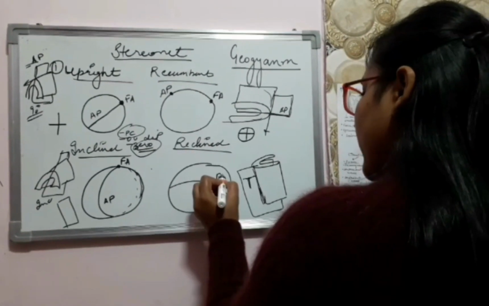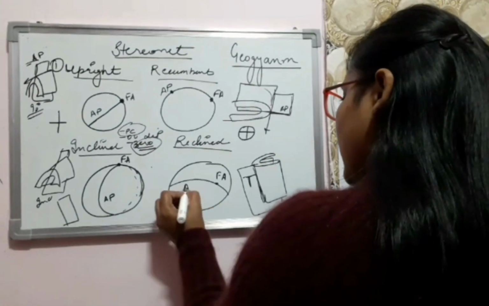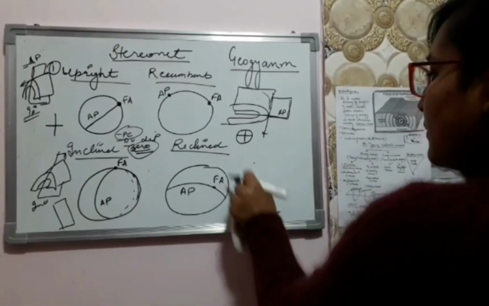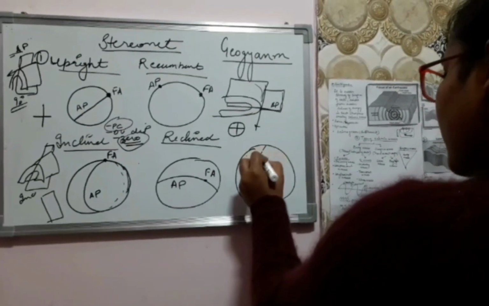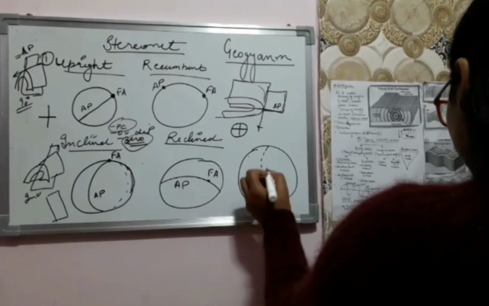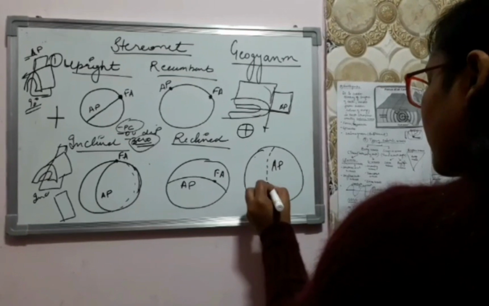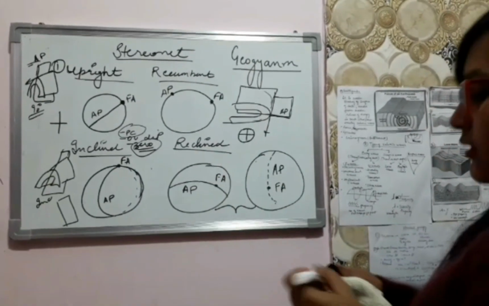This will be the fold axis and here lies the axial plane. And in some books you can also see this diagram. So both are correct for the reclined one.